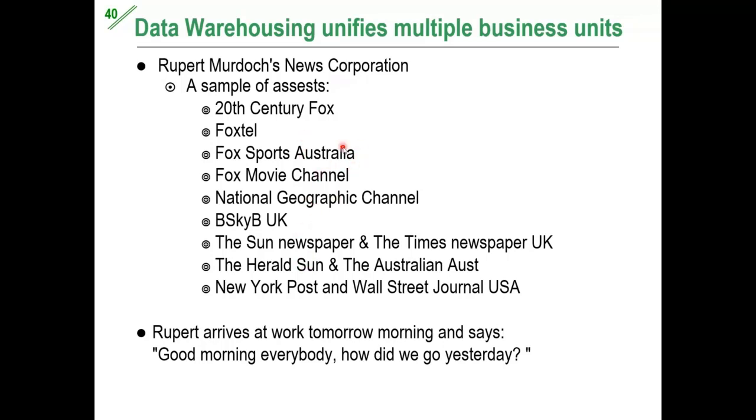Imagine that he has a lot of companies like Foxtel, 20th Century Fox, Fox Sports, movie channels, National Geographic Channel, etc. If he comes tomorrow and asks, okay, good morning folks, how did we go yesterday? Imagine that he has 20, 30 companies, and each of these companies has different databases. How can you answer this question? He may ask about the profitability of the company, but we need aggregate functions, right?